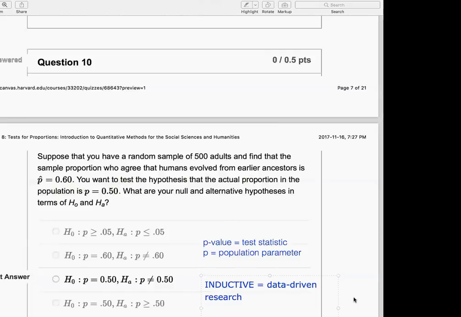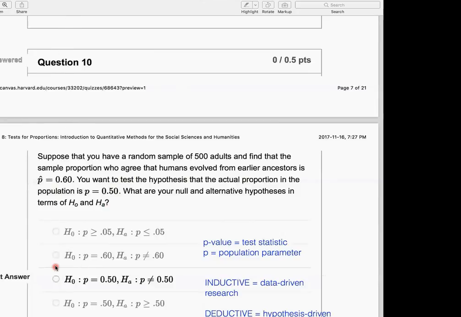Two major differences. Because this is a deductive hypothesis test, we're going to go based on theory, and we want to test the hypothesis that our true population parameter is 0.50, or that it is not 0.50. This is because this is what we believed before. So that's a really good question.